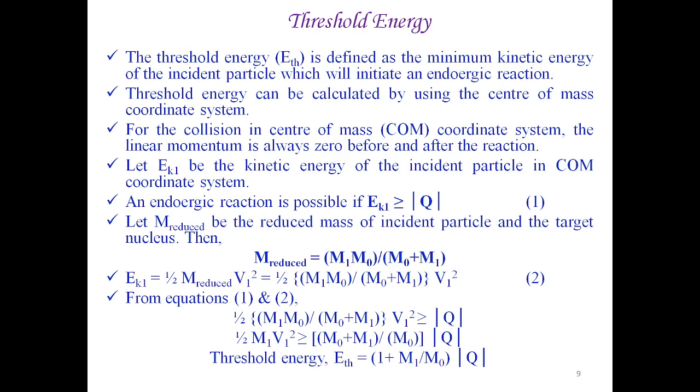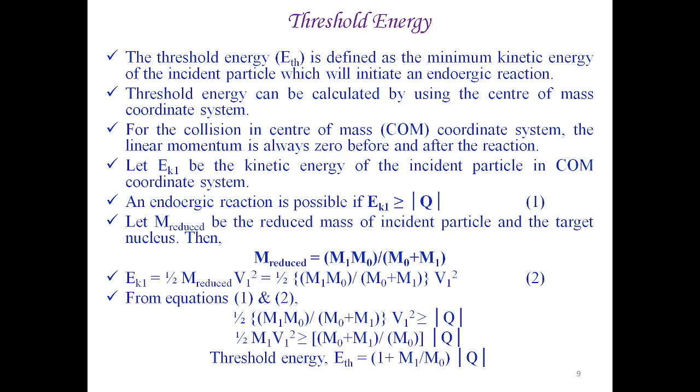Then the reduced mass is equal to the product of projectile mass and target mass divided by the sum of projectile mass and target mass. So here EK1 is equal to half m v squared, where m is the reduced mass, so let us substitute the value. So from equations 1 and 2, we get half of the reduced mass into V1 squared greater than or equal to Q.